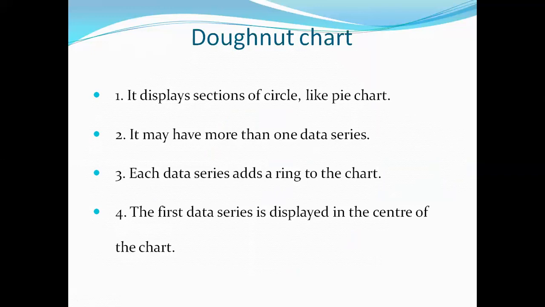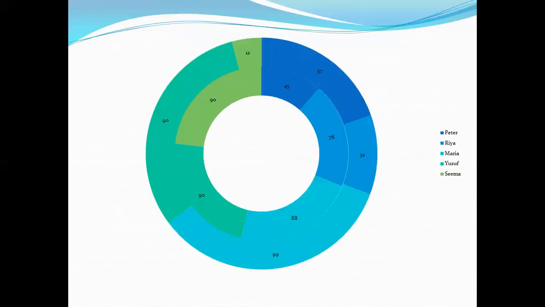Okay, so each data series adds a ring to the chart. It looks like a ring, and as we start increasing the data series, one more ring is added. Now see, here I have taken scores of two teams, or scores of two matches of the same team. So as I increase the number of matches, the rings also increase. So you can see here are two rings.